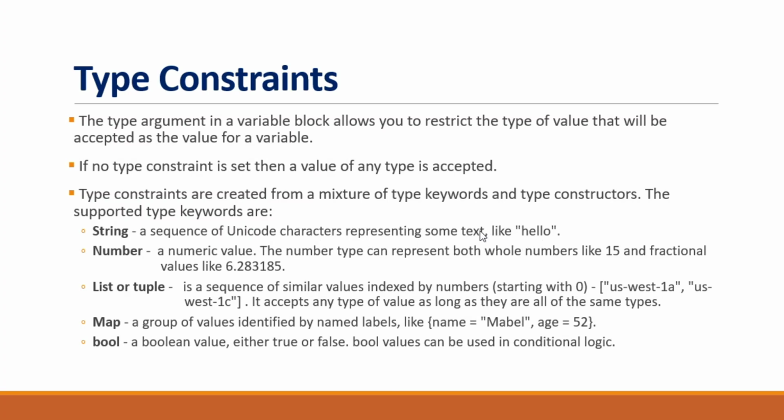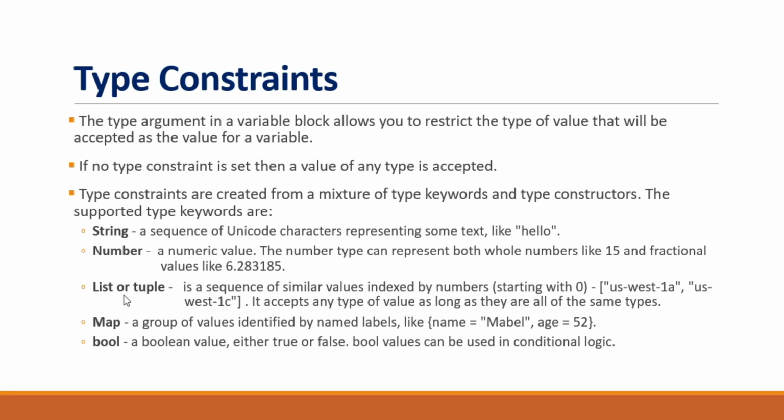This is very simple and straightforward. If you have anything between double quotes, that is called a string. It's not like it should be text only. It could be anything between those two quotes. Number is a numeric value. The number type can represent both whole numbers like 15 and fractional values also. So you can have both types of values if you are using numbers.